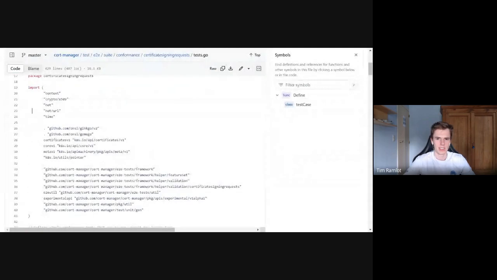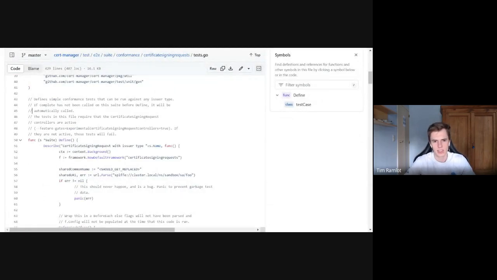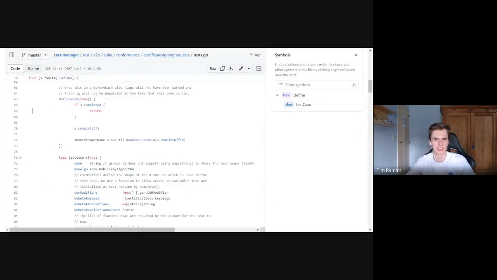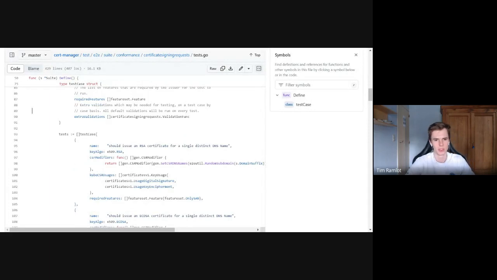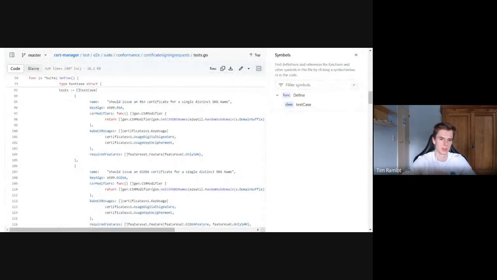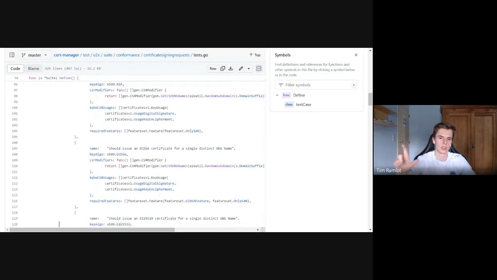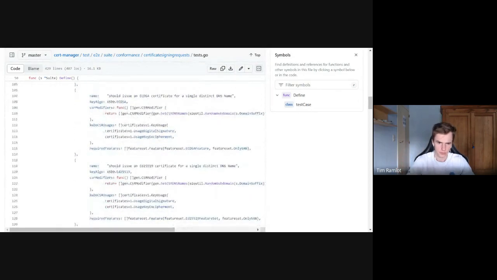And the problem is that we looked at this, and it doesn't seem like these conformance tests are actually conformance tests. It seems more like these tests are around checking what features the issuer supports.